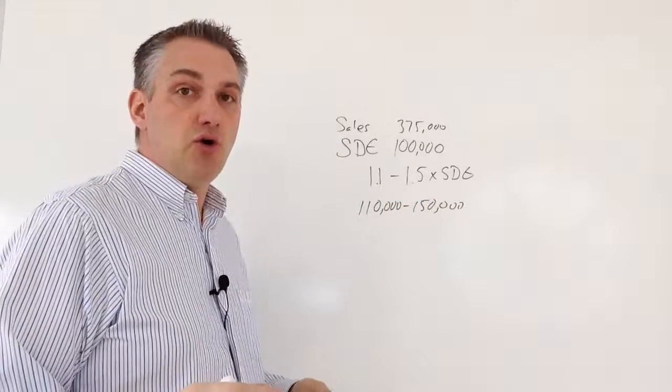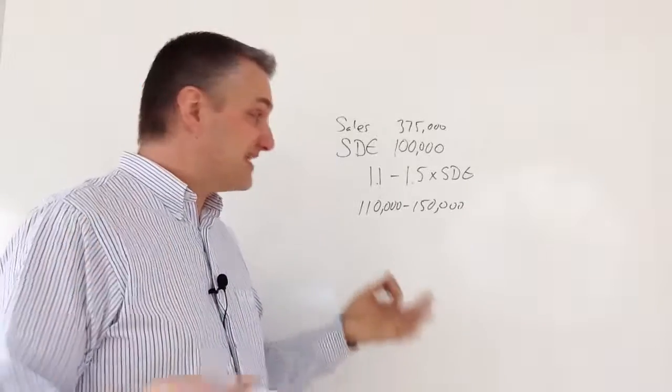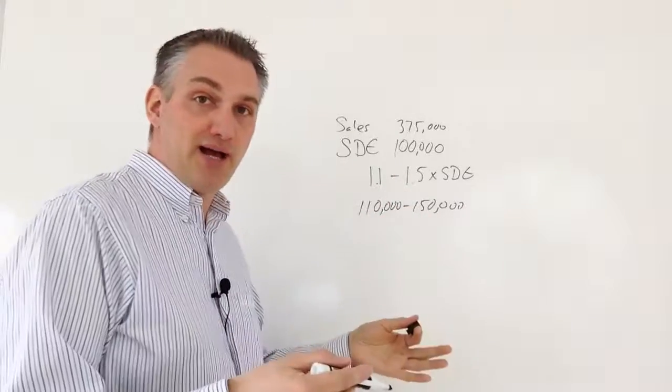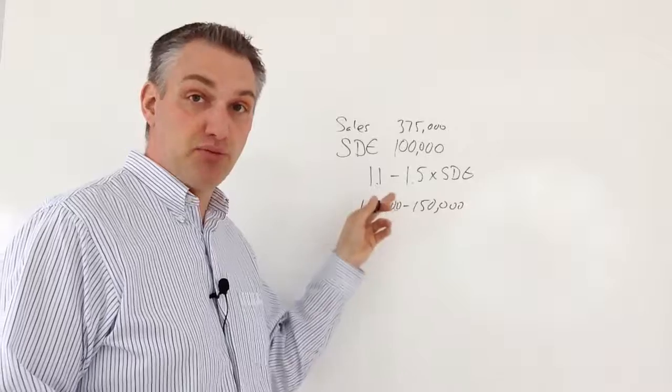Okay, so that's an example of looking at past transactions and getting a multiplier.